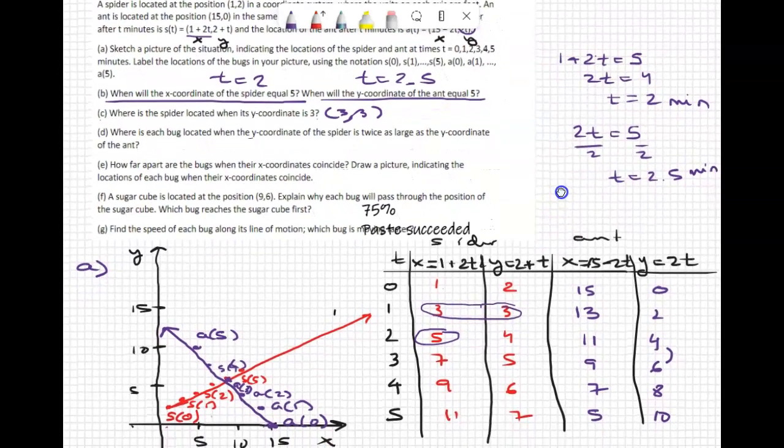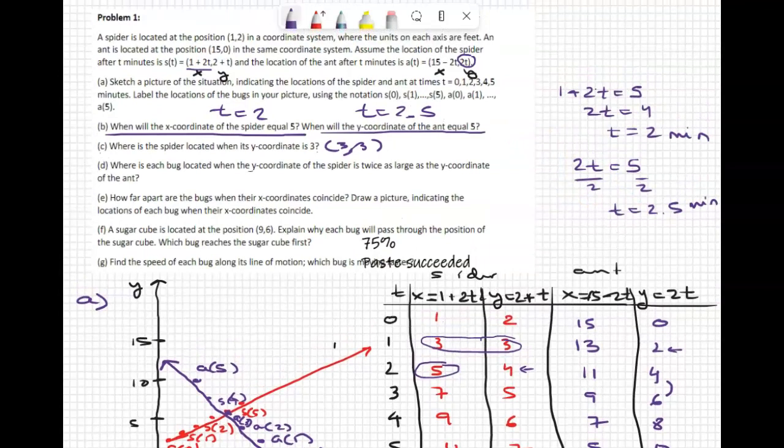If not, we can see. We have the y-coordinate of the spider is twice as large. It's twice as large here, isn't it? Okay, let's do it with the equation, because it's fun. You can see how you can use the equations.